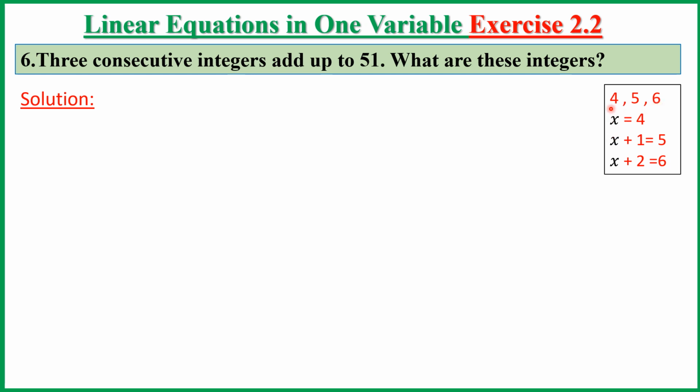So suppose you are taking 4 as x, how do you find the consecutive of the 4? That is 4 plus 1. So that is x plus 1, which is equal to 5. And how will we take the third number? I mean the second consecutive, that is 4 plus 2, that is x plus 2.